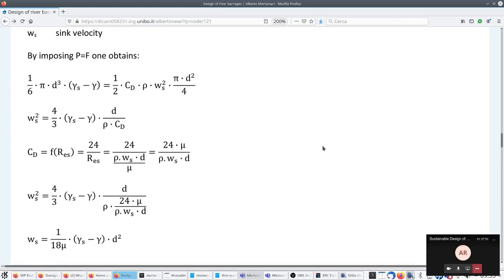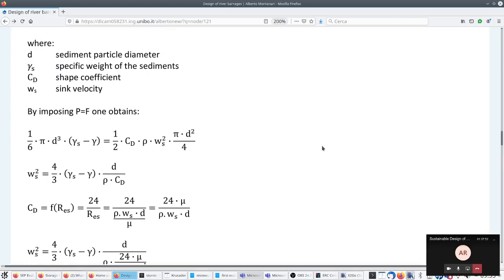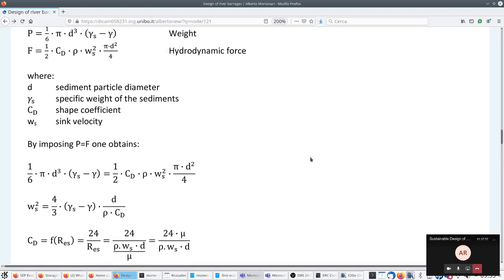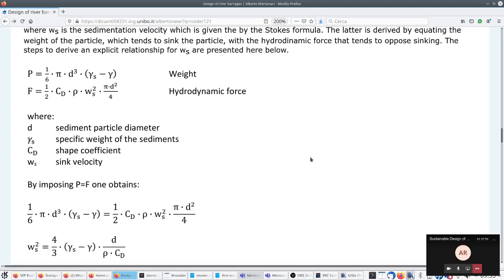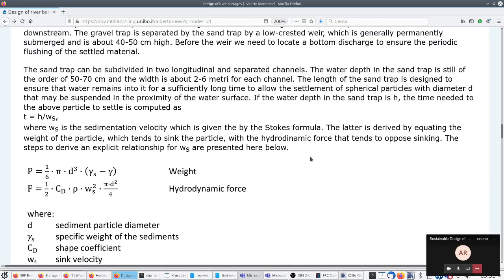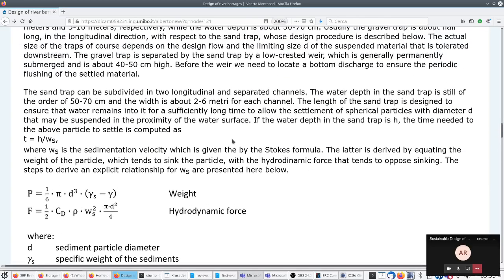Once that you know the residence time, and then I will make a sketch later on the blackboard, here you see the formula. T is equal to H, which is the depth, divided by Ws.